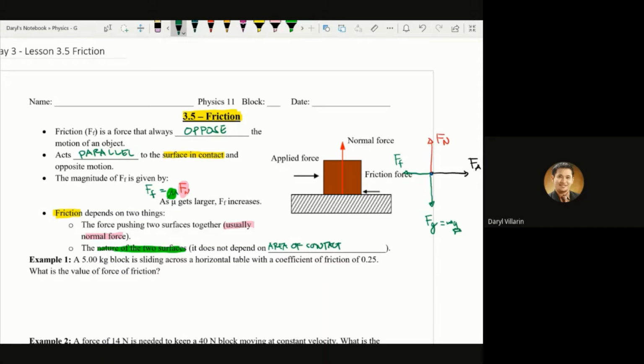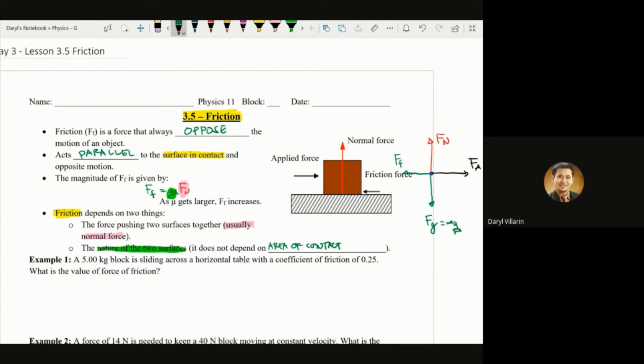That means that as long as the weight of the object does not change, because essentially the weight of the object is its way of pushing the surface down, the surface will react with the normal force. So if you orient your object differently, the weight essentially doesn't change.